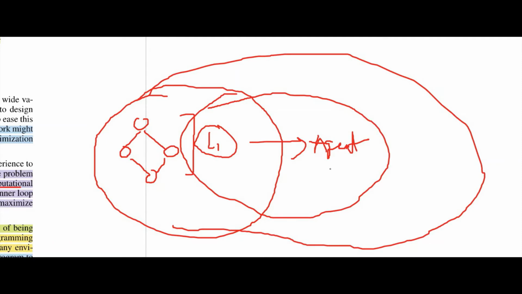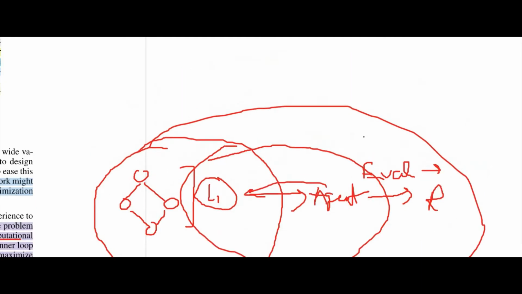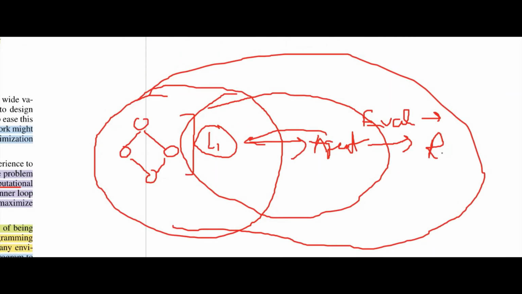So in the inner loop you will train an agent, and the task of this agent would be to minimize this loss function. So the agent minimizes this loss function, right? And once you do this, you will get an agent, and then you will evaluate this agent, and you will get some reward. And the task of the outer loop is to maximize this reward.